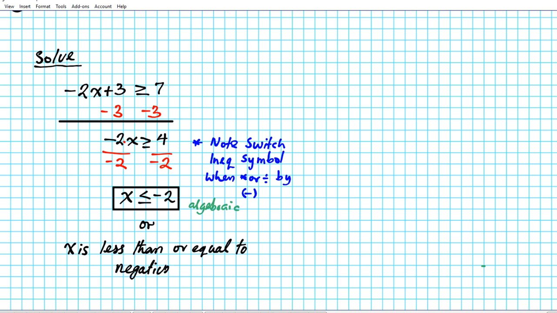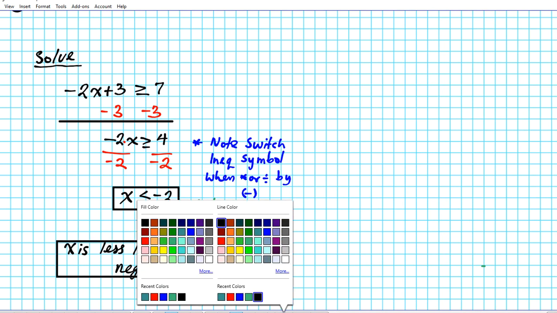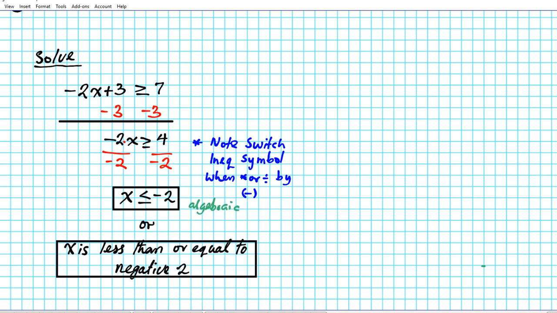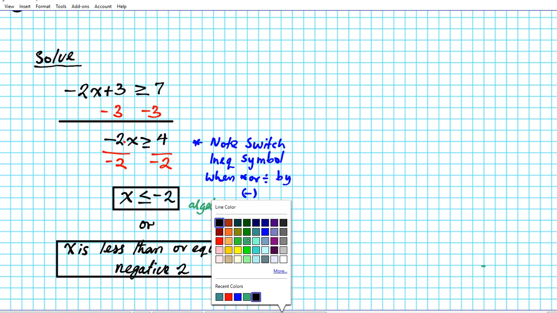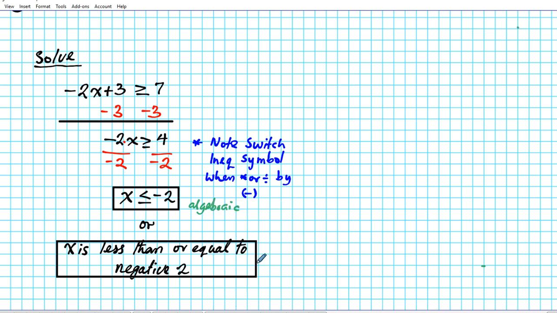This is the word or verbal representation of the results that we just got. Okay, so let's go ahead and call it the word representation.